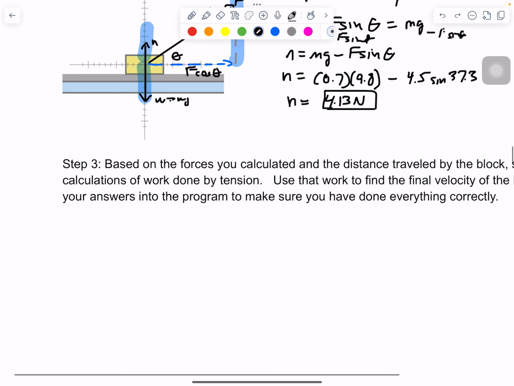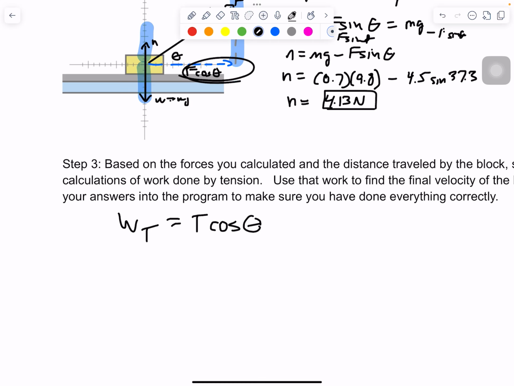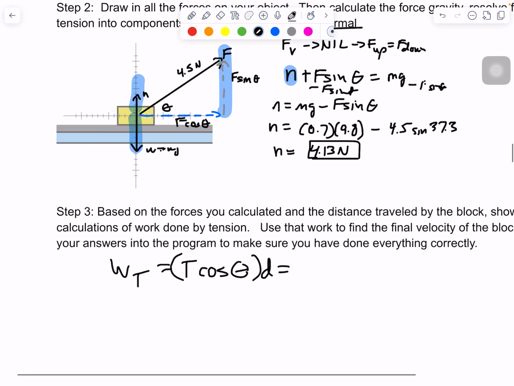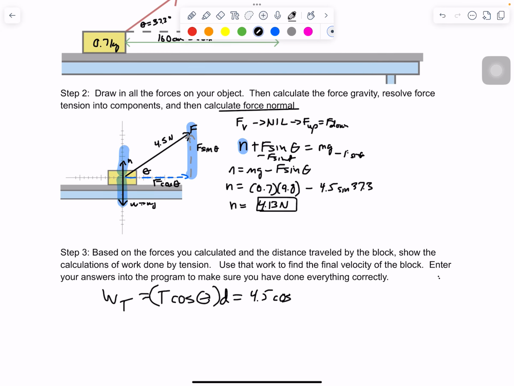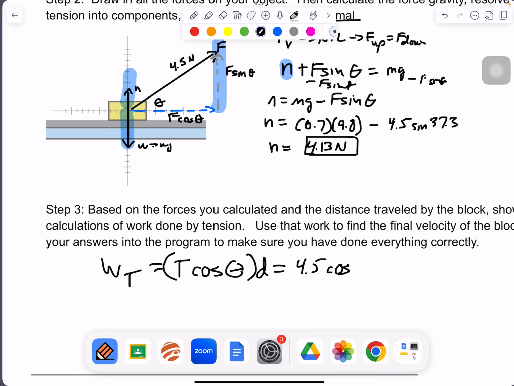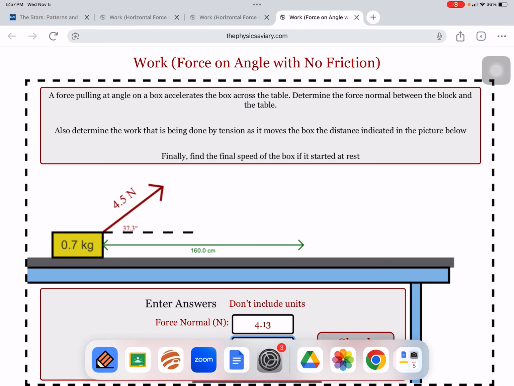Okay. The work done by tension is going to be tension cosine theta, that's the force cosine theta, times your distance. So we're going to go 4.5 cosine of, I forgot my angle already, 37.3, I think it is. Yeah.